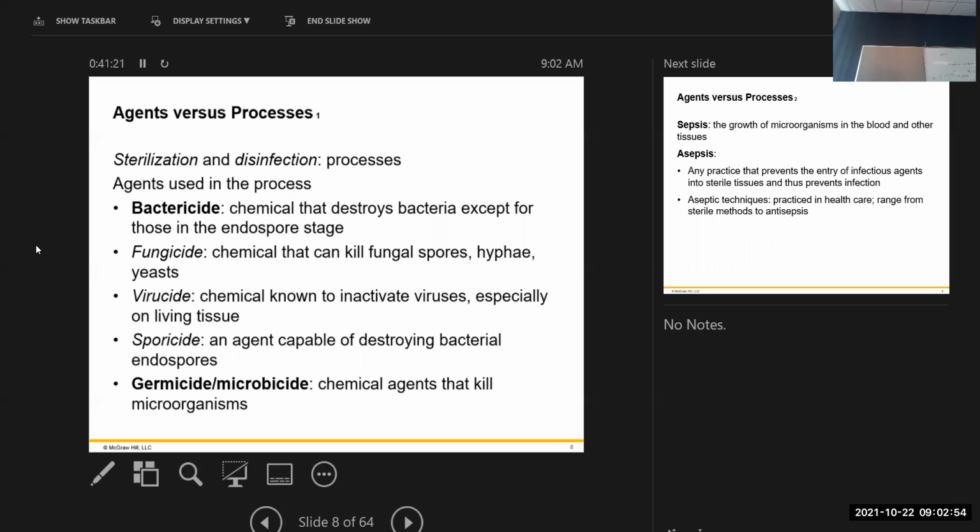All right, so sterilization and disinfection types of processes. When we talk about things that are -cidal, side means to destroy. So bactericides, virucides, fungicides, sporicides, that means they destroy, they kill them. Germicides kill microbes.